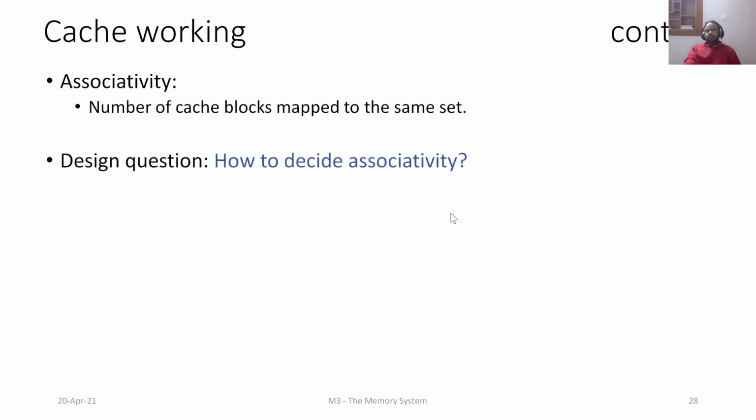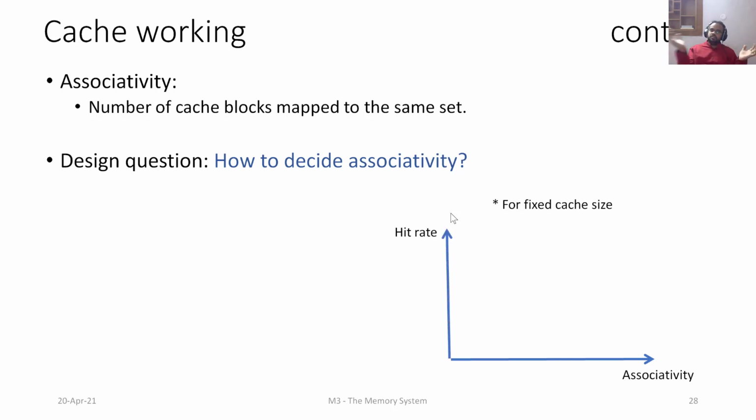Now, how do we decide on associativity? For a fixed cache size and for a set of standard programs called benchmarks, typically the hardware architects would do a sweep of increasing the associativity from 1 to fully associative cache, and they will observe the hit rate of the cache, right?